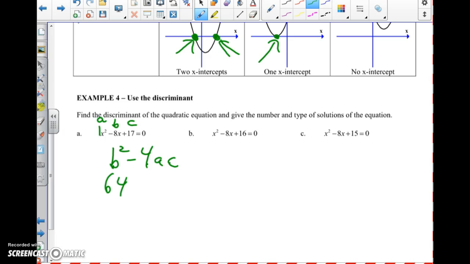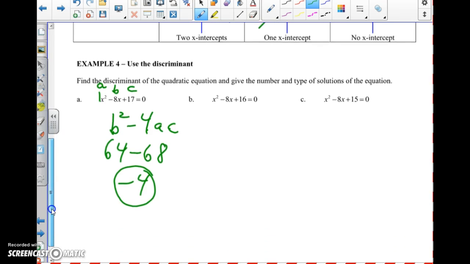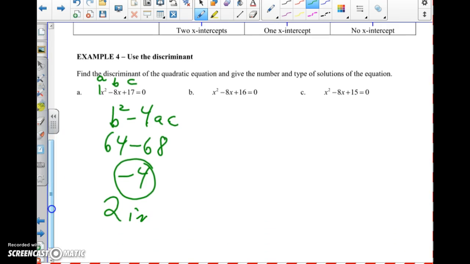Negative 68. How much is 64 minus 68? Negative 4. That's the discriminant. So if the discriminant is negative 4, what kind of solutions will you get? 2 imaginary, right? And you're going to write down 2 imaginary. That's what you write down. You see, it's real easy to do this.